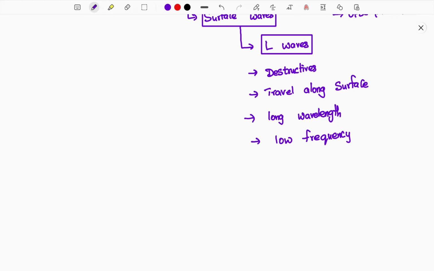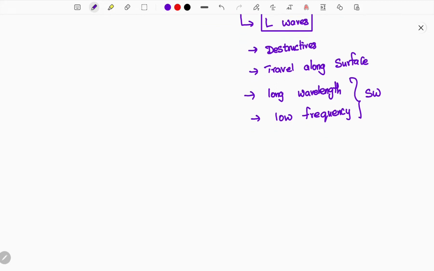Sometimes they also ask based on statements. Even then, remember that the longer wavelength waves are none other than surface waves. If you read it in a clear format, these are all the features of surface waves.